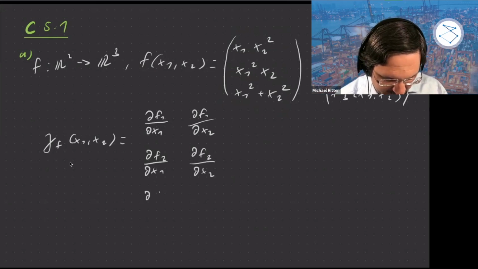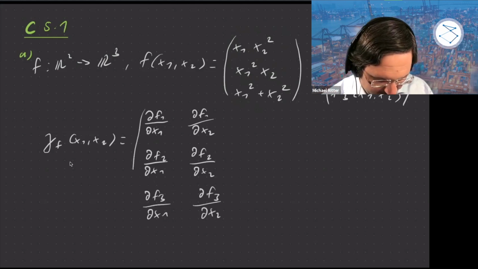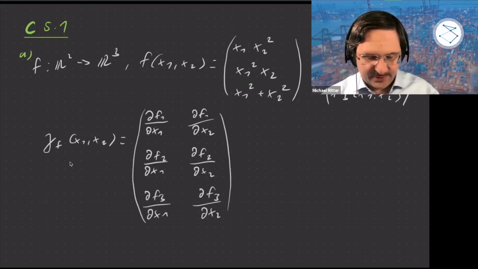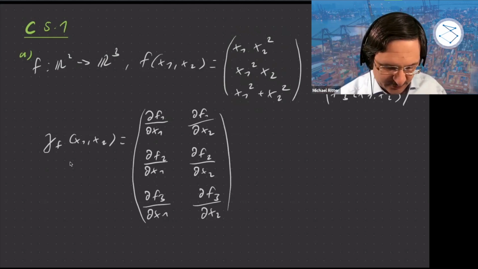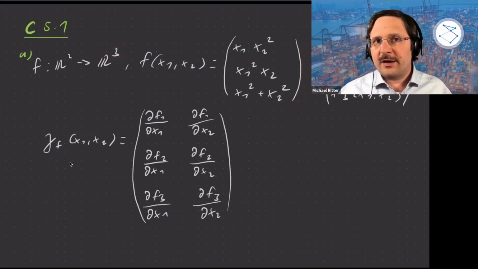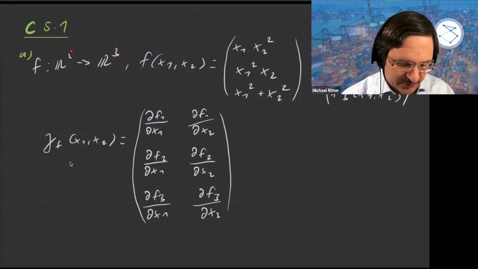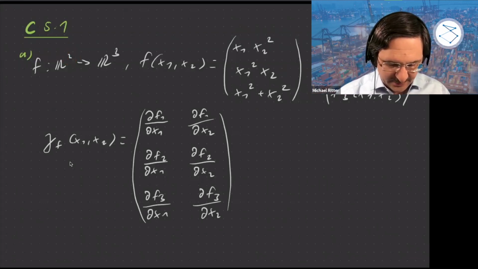And in the third row, the same for f3. So that's how you get the Jacobian. So as you can see, this is going to be a 3x2 matrix. We have 3 rows corresponding to this R3 here, the output. And we have 2 columns that correspond to the input, the dimension of the domain, basically.